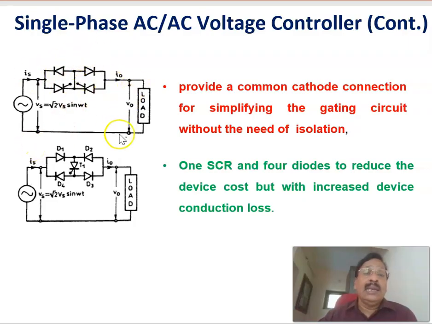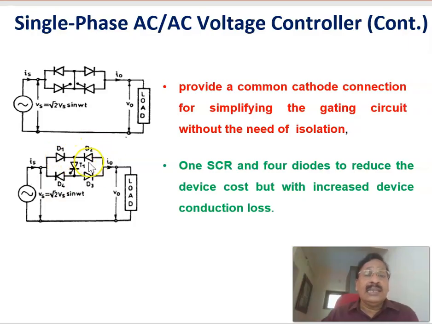During the positive half cycle, the current goes through diode D1, then T1, and then D3, and returns back. During the negative half cycle of the input source, it is D2, and through this again the same thyristor T1, and D4, and it returns back.